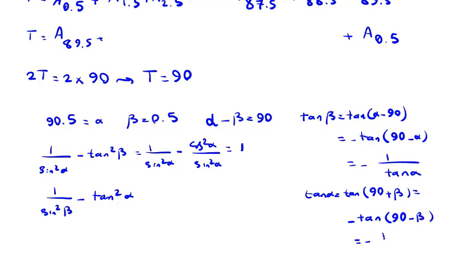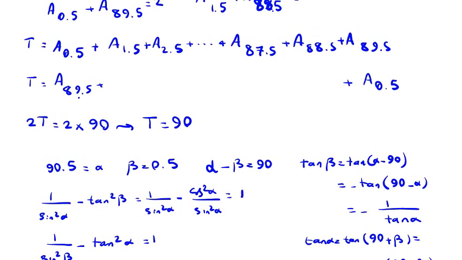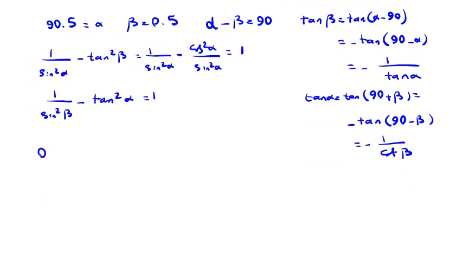And then you can say it is negative 1 over cotangent beta, and you can use the same thing, and here also it will be 1. So here we said, okay, what is t? T is 0.5, 1.5 to 89.5.